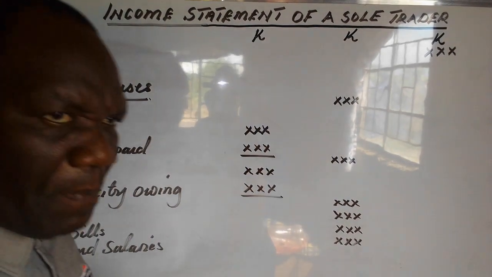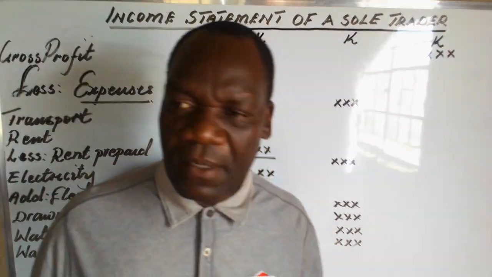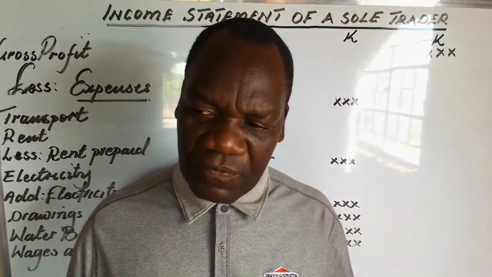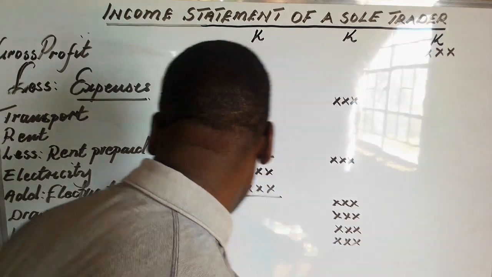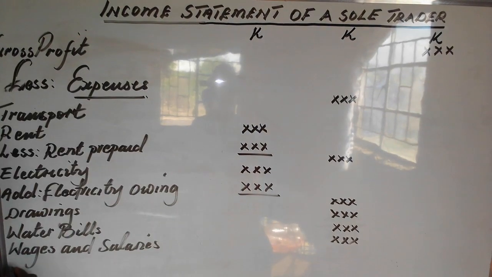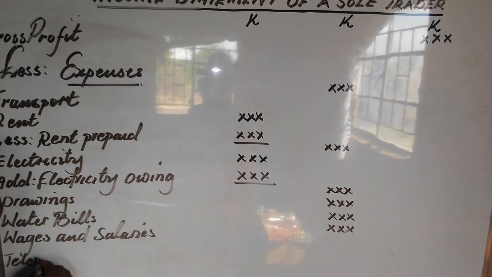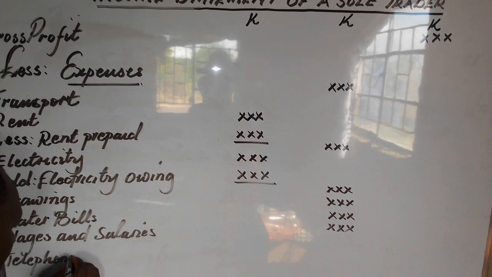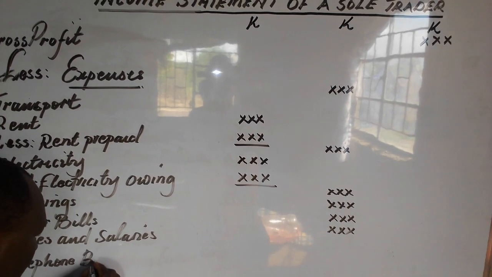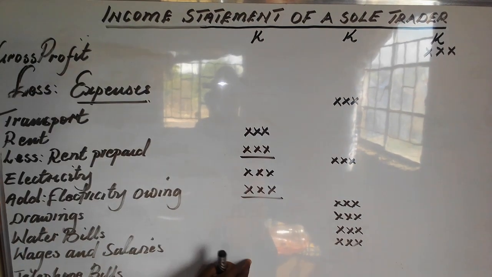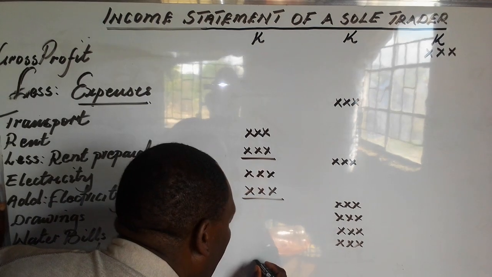Okay, you have telephone bills. Now let's say with the telephone bills you have an outstanding amount, the other bills that you have not yet paid. Because it has adjustments, it comes here.